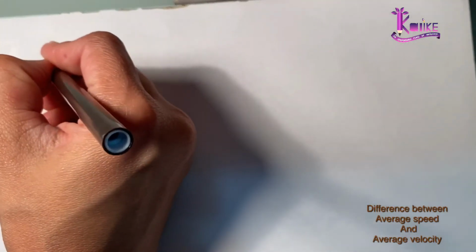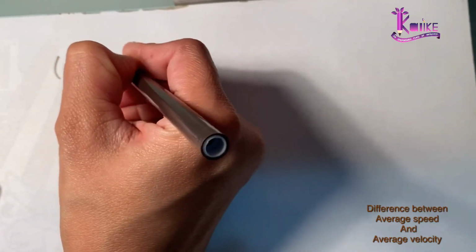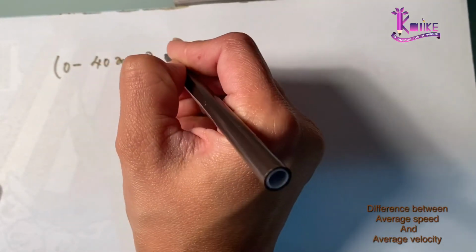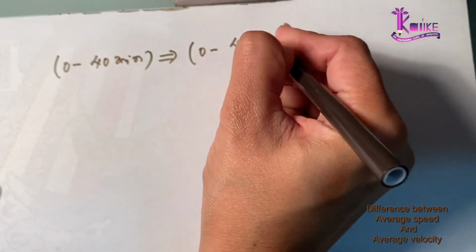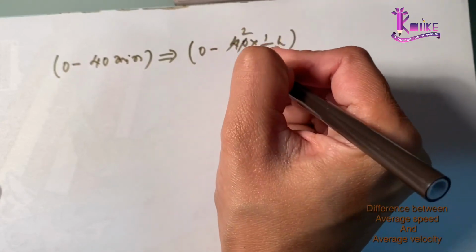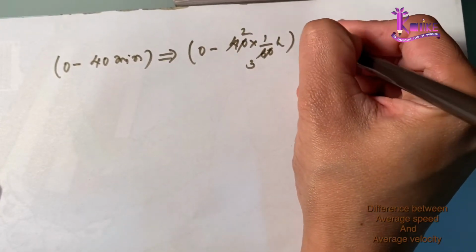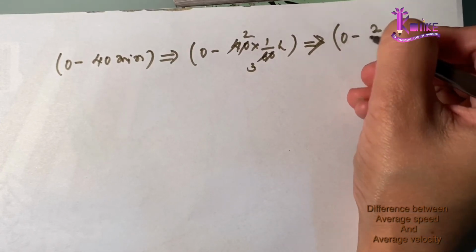So 0 to 40 minutes, right? So 0 to 40 minutes, or it is nothing but 0 to 40 into 1 by 60 hour, or it is 2 by 3 hour, right? So this can also be written as 0 to 2 by 3 hour.